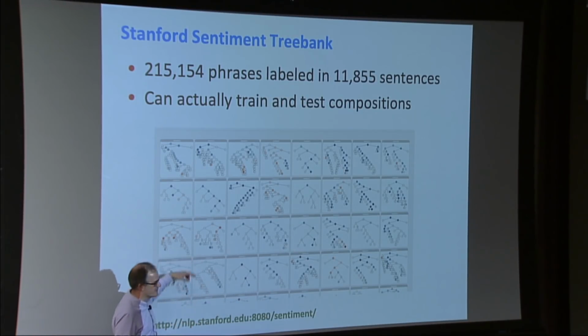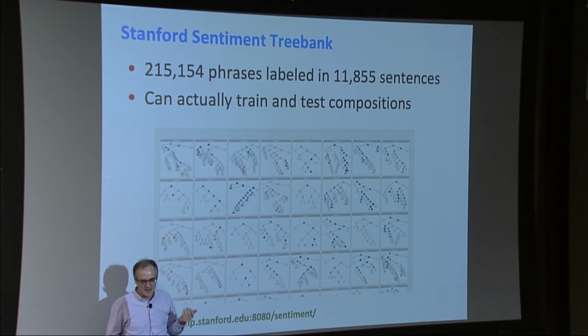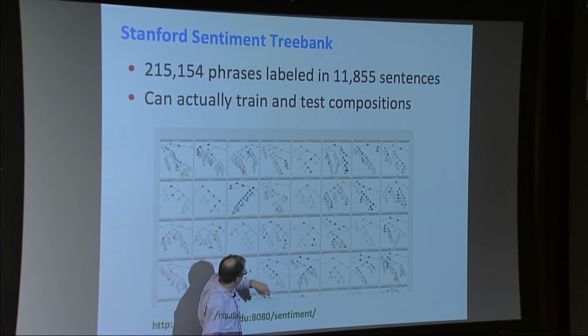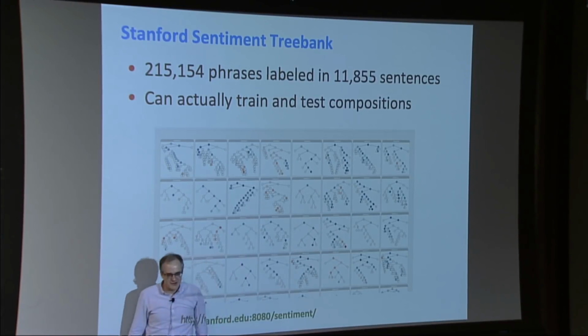So lots of stuff is white because it's just not sentiment laden, right? There are words like the, and there are phrases like the movie and the movie was, which don't really have any sentiment. But then you have very positive pieces of tree and negative pieces of tree that are shown in the blue and the red.